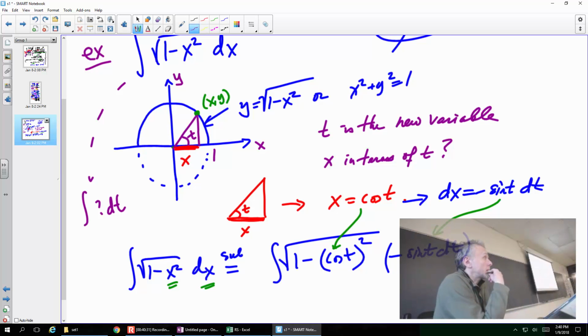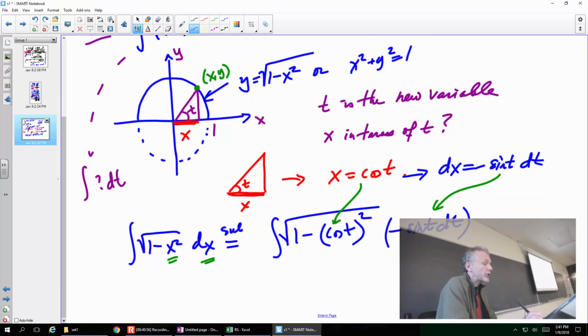Okay, so is it clear what has happened? Since we started with the new variable rather than ending with a new variable, we don't have to worry about it. We just replace every x, and there are no x's left. We have only t's as well as dt.